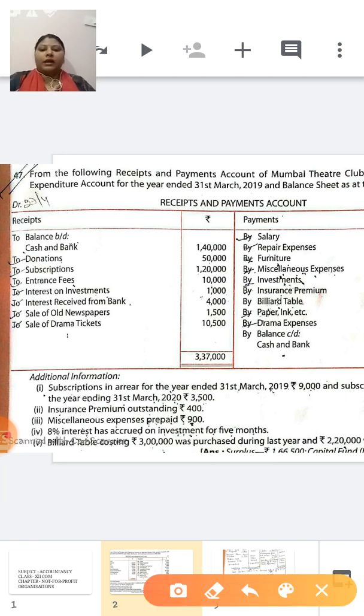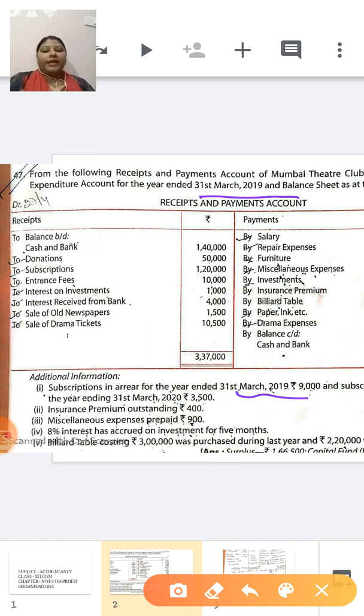First of all, the current year is 31st March 2019. So subscription in arrear for the year ended 31st March 2019 is the current year subscription outstanding. Here arrear means outstanding. So subscription outstanding for the current year is rupees 9,000.